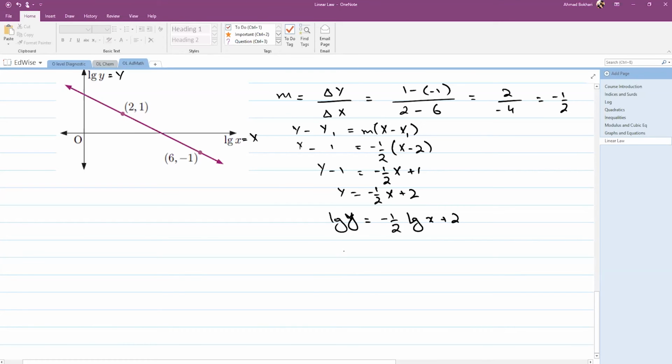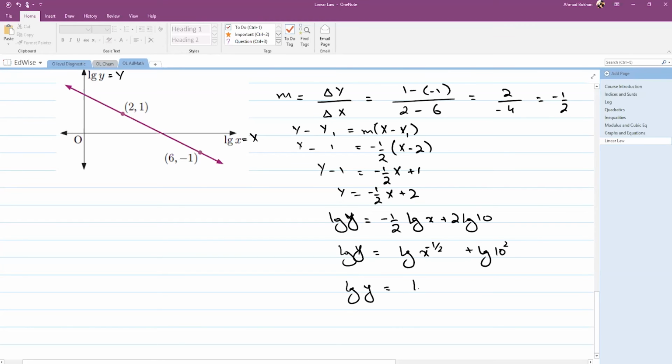So we'll try to do that. For that, you will have to use the form of 1. This is going to be 2 times LG10, right? Because this is 2 times 1, which simply makes this LGY equals LG x power minus half plus LG 10 power 2. I'm using the power law here, and we have already talked about it. If there's any issue, let me know.